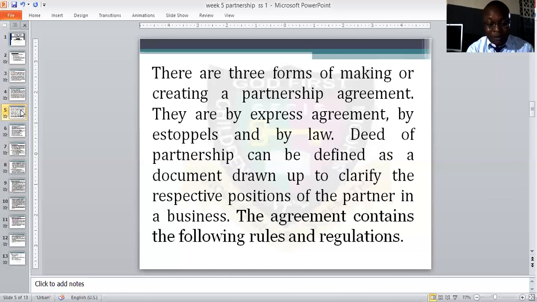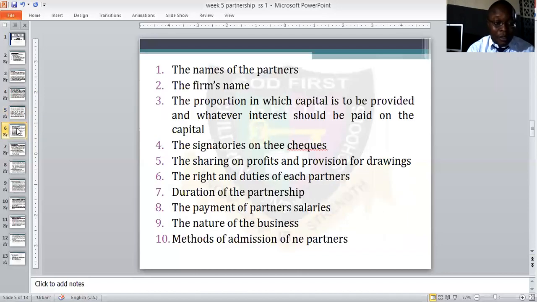We also have the following in the agreement. The names of the partners will be in the document. All the names of the partners must be in the document.